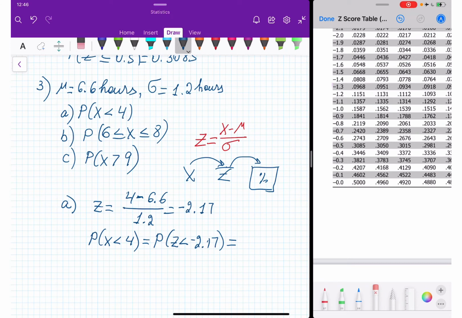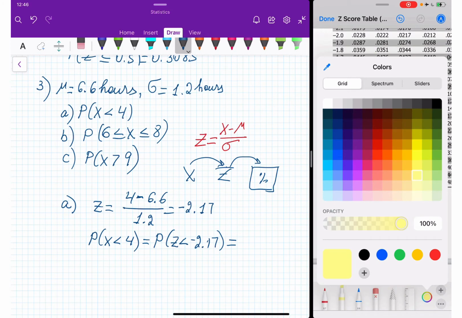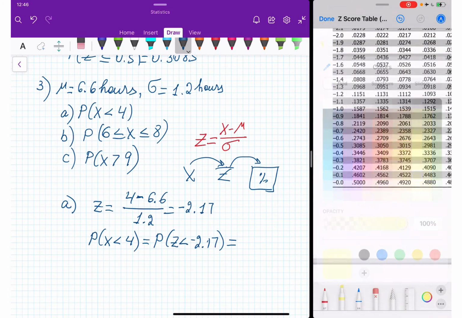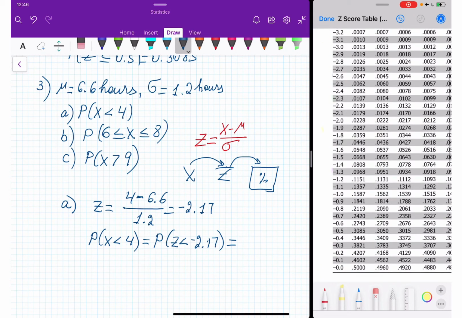So let me change this color. Okay, this one. So negative 2.1, where is my negative 2.1? Right here. Oh, it's covering numbers, I don't like it. Let me see.